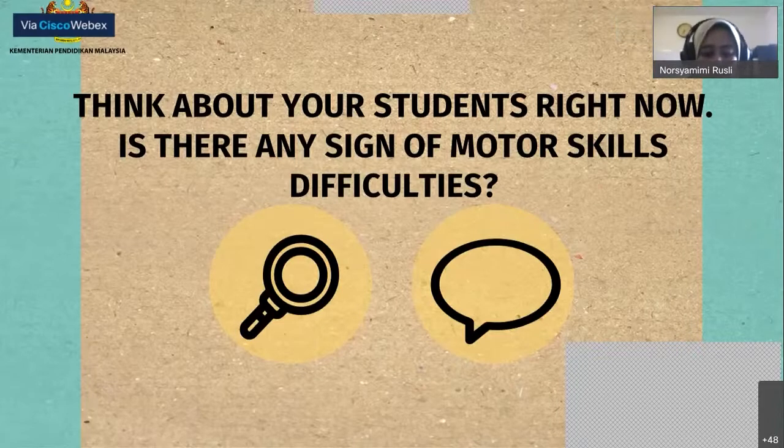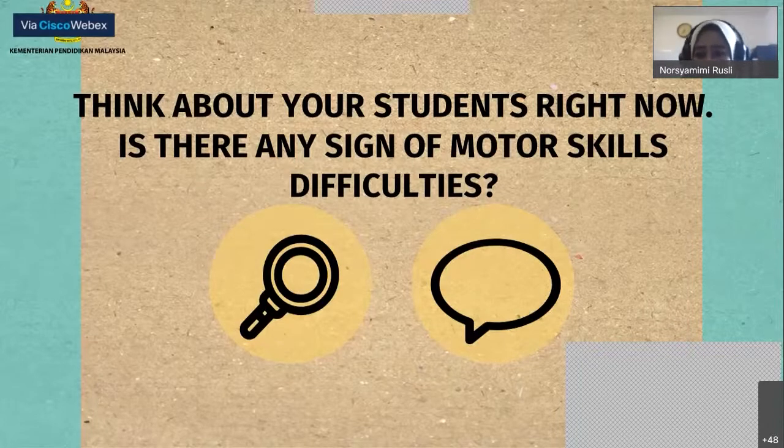The child doesn't like to be touched, or when the child touches certain textures, he refuses and cries. That is more towards sensory modulation issues. For our course today, we are going to talk about sensory motor issues, which I explained a bit yesterday.